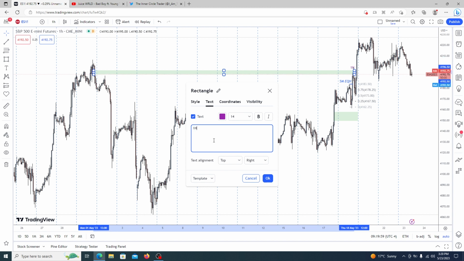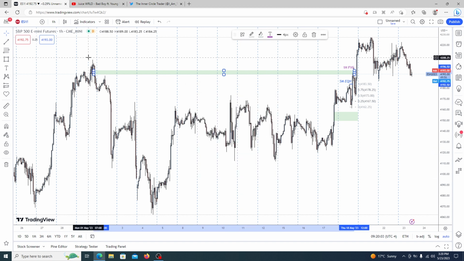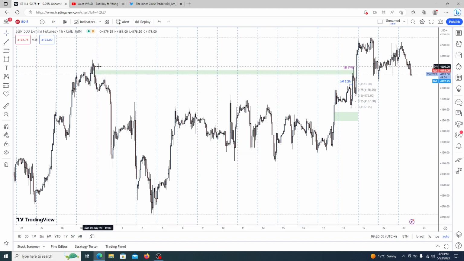So that will be a 1 hour fair value gap, referred to as a SIBI, excuse me, because that would be a.